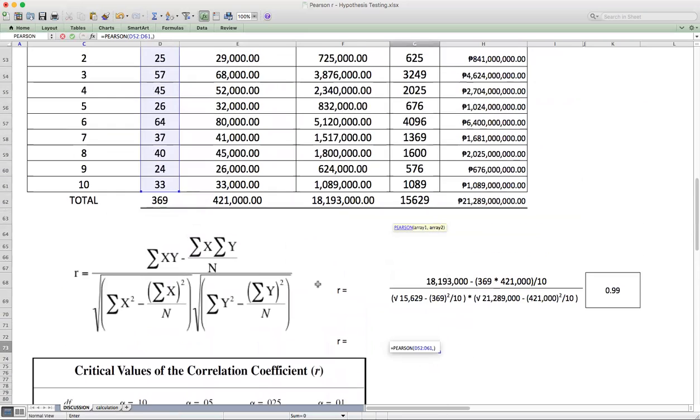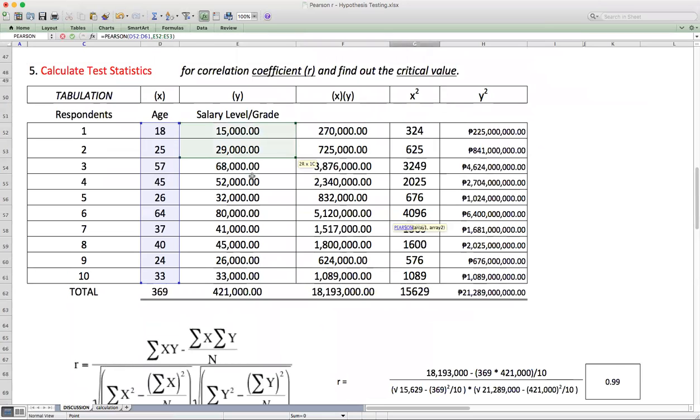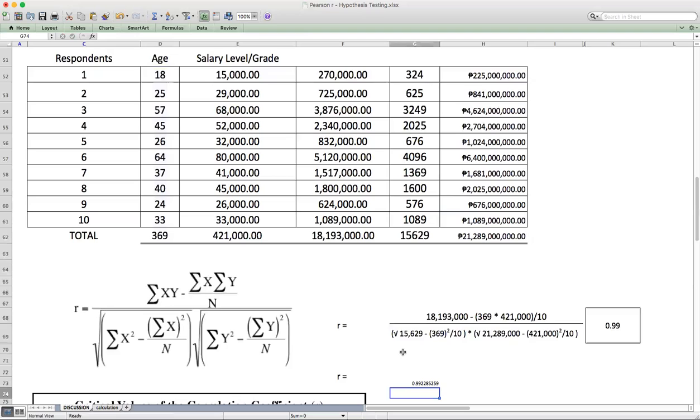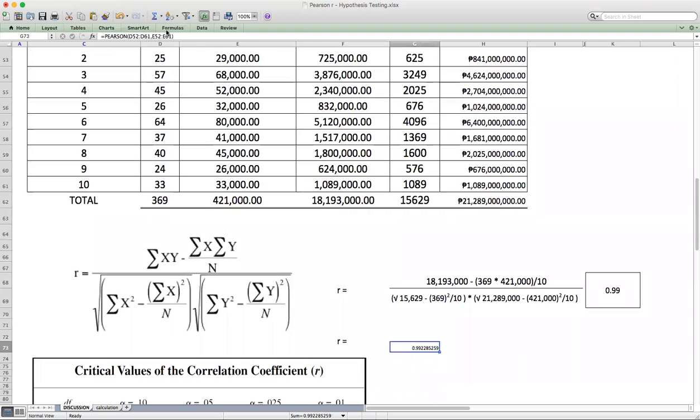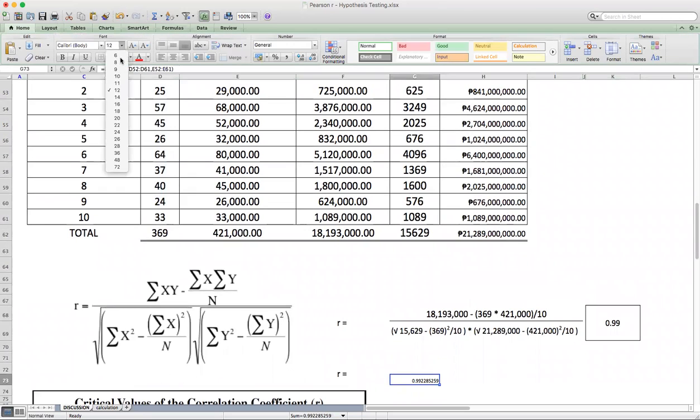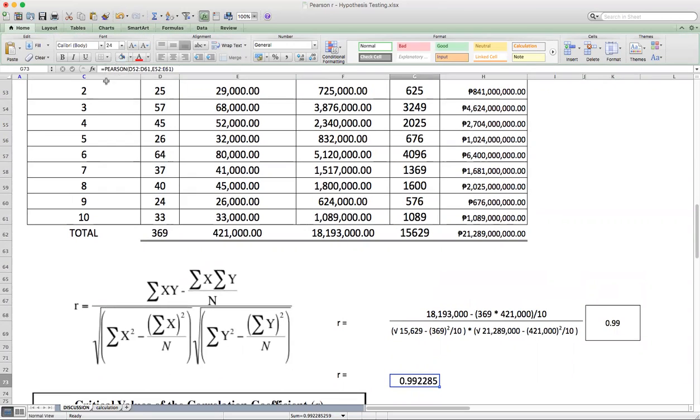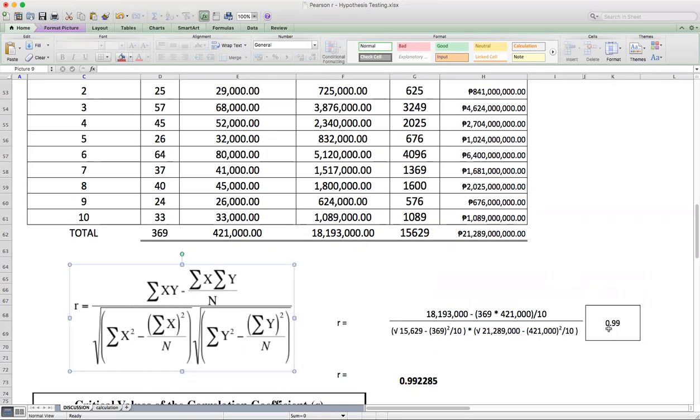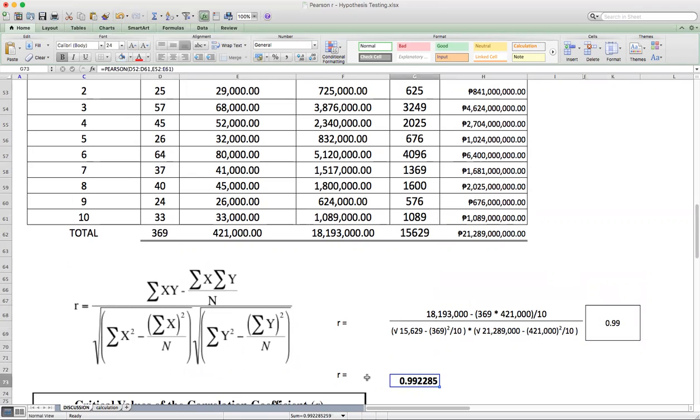We have to get now the array 2, which would be the salary level or the grade. Then same thing, we'll be arriving with the same value as we have gotten using the formula. So it's still 0.99 using the simple formula PEARSON in Excel.